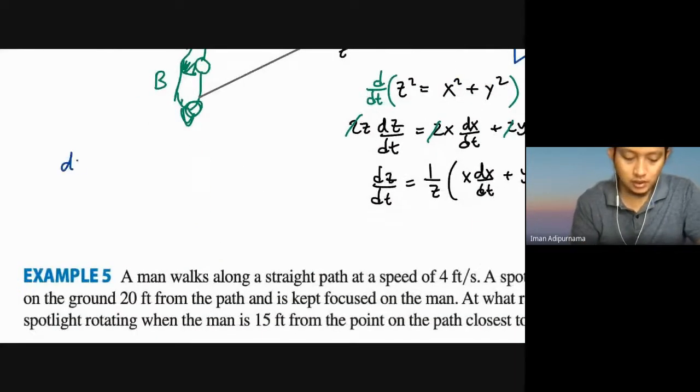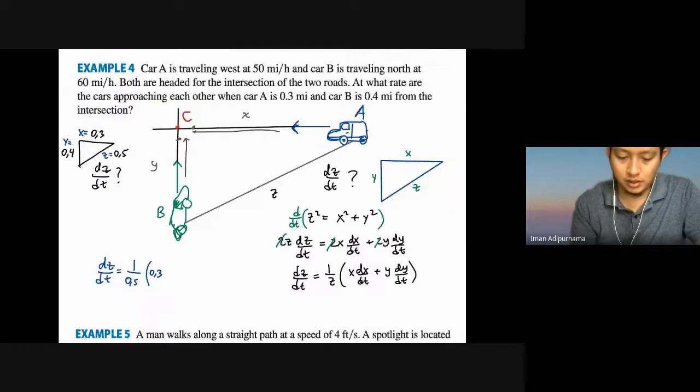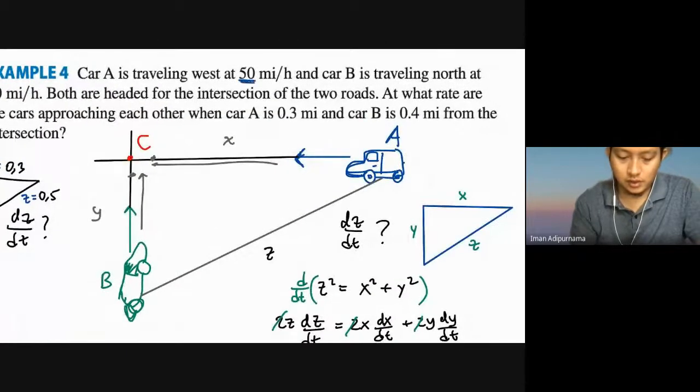So we can write down the numbers. This is 1 over 0.5, this will be 0.3, and we know the dx/dt here.